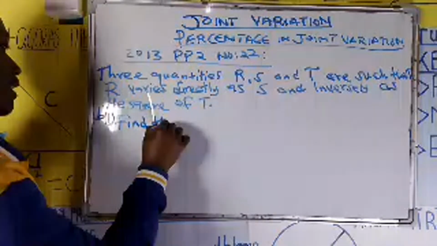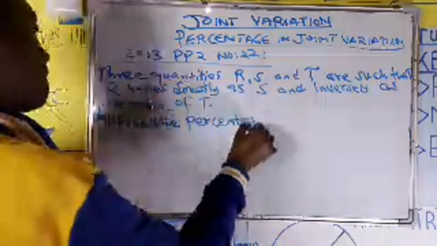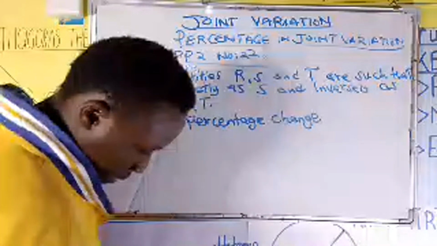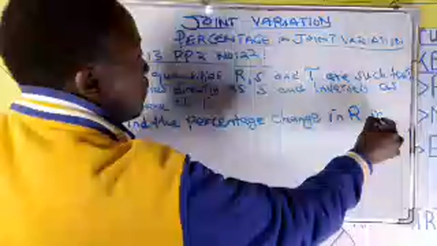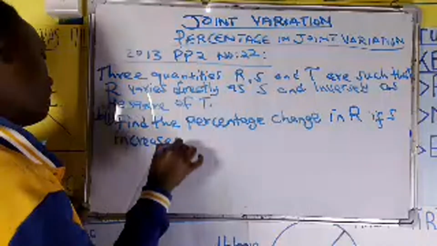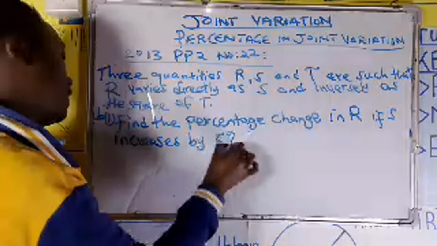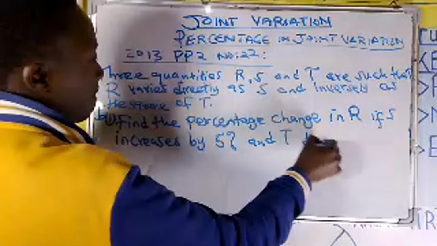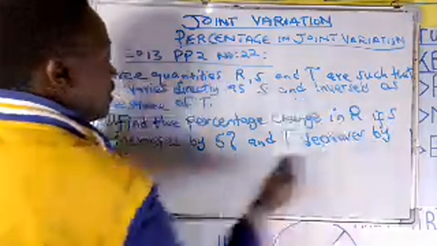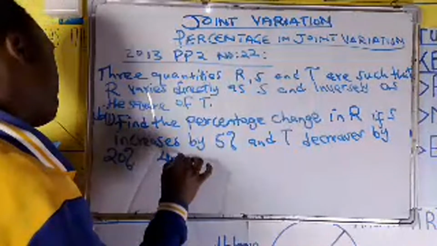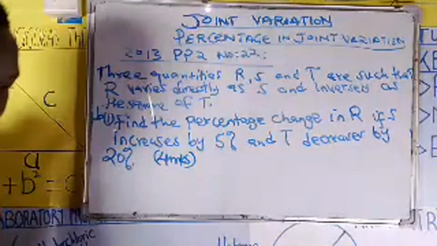Part Roman 2 says find the percentage change in R if S increases by 5% and T decreases by 20%. 4 marks. So that is our question.